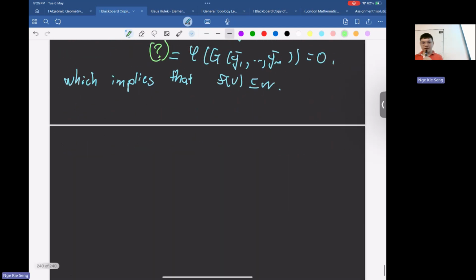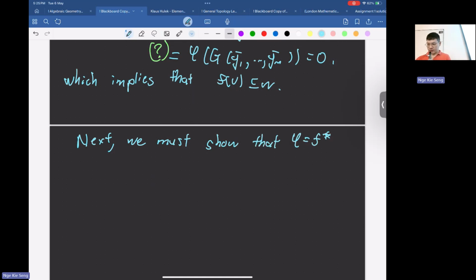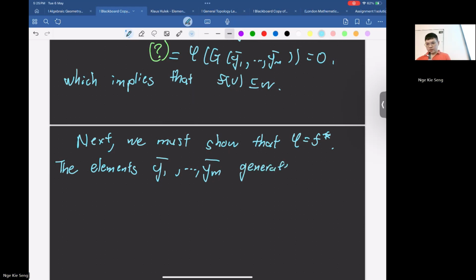Okay, how about the last part here? So next, we have to show that actually the pullback, the thing we created, is phi. So how do we prove this? We see that the elements y1 bar to ym bar generate K[W].